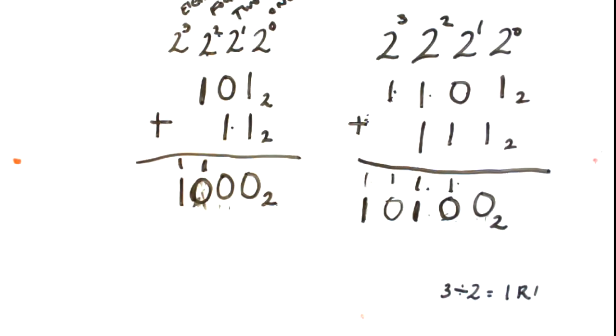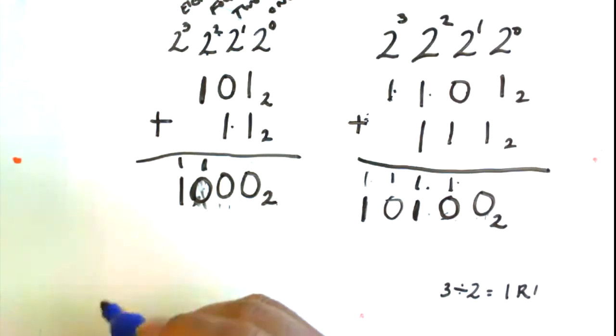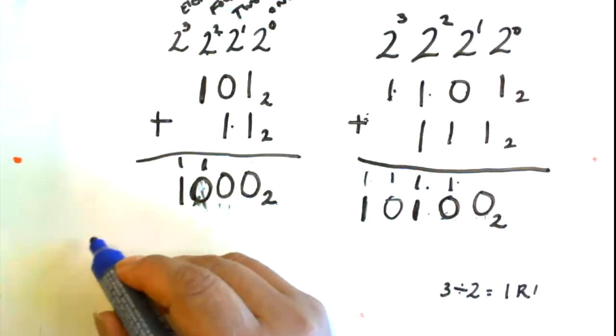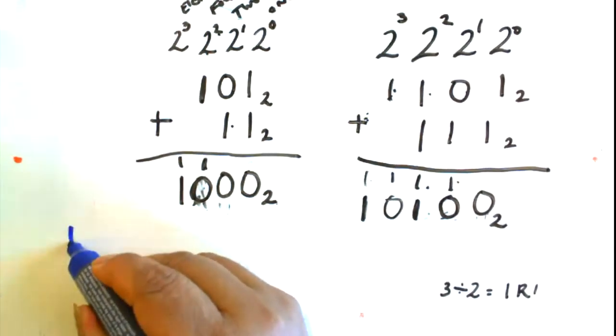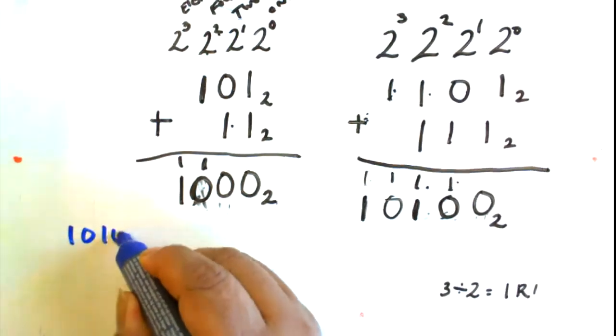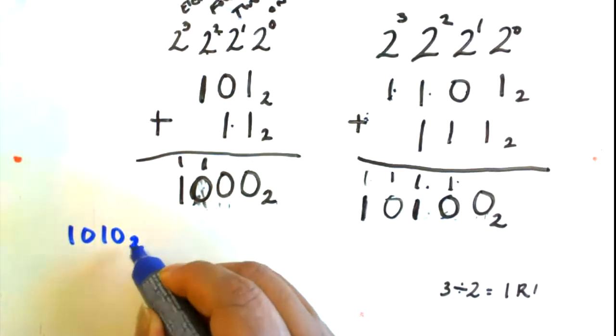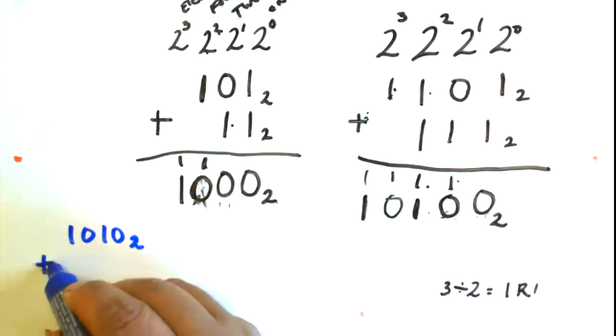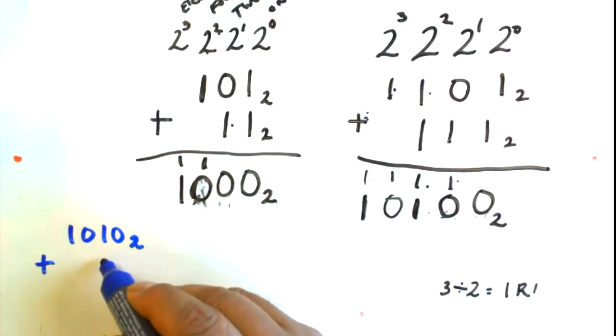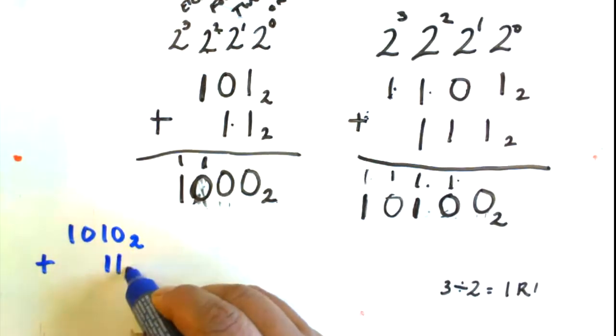So I want to give you some homework, as I always do. I'd like you to solve this. What is 1, 0, 1, 0 plus 1, 1 in base 2?